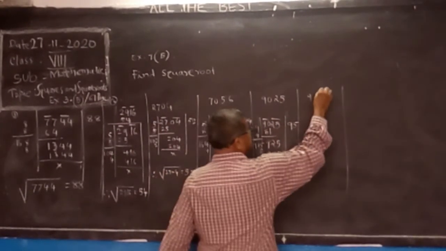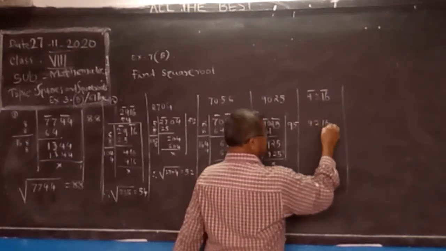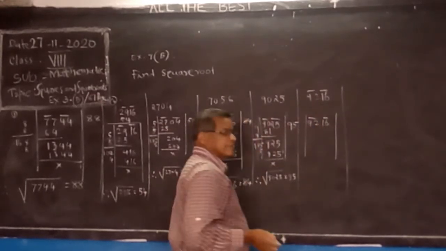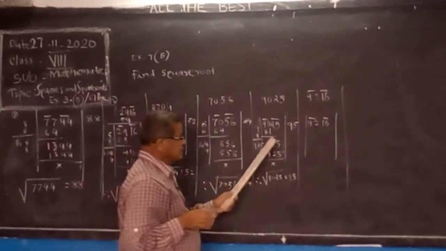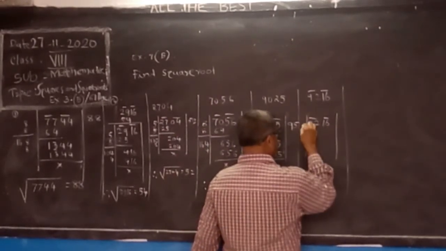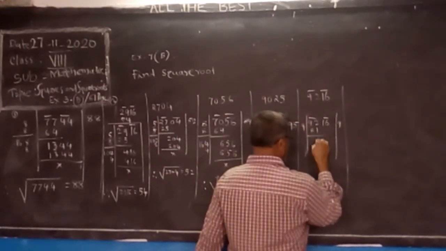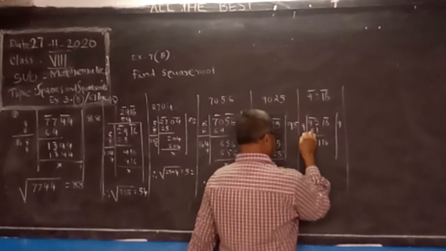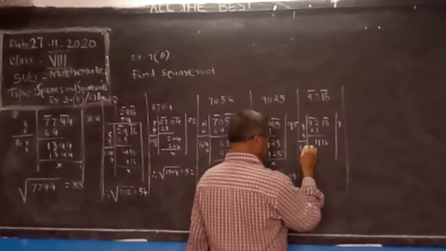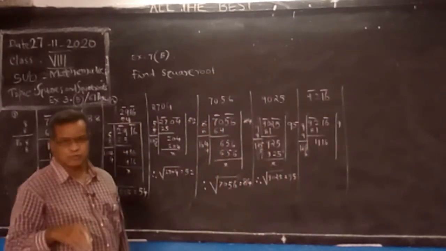Now, next. 9216. Pairing 92. 10 tens are 100, not going. It is possible with 9. 9 nines are 81. Remainder 11, then 16. 9 plus 9 is 18. It is possible with 6. 4 is not going, it becomes a small number.